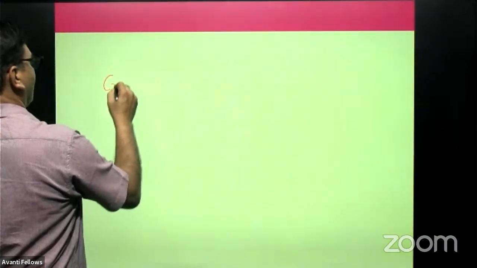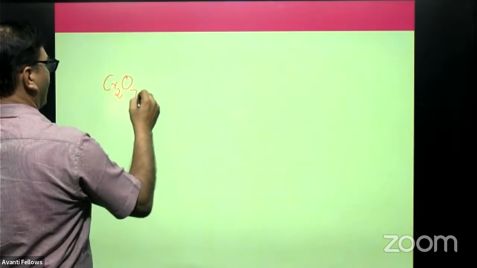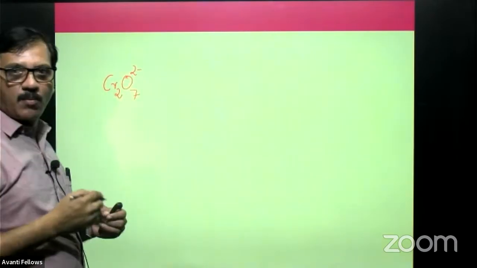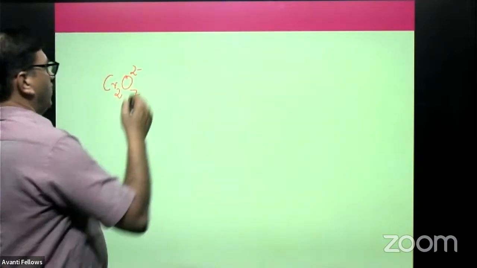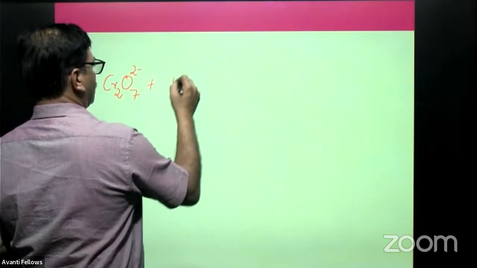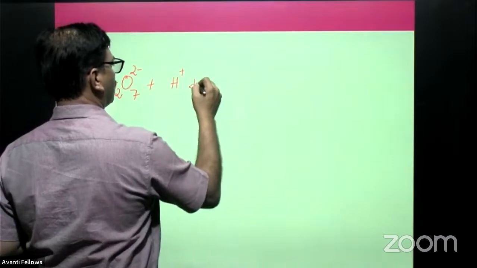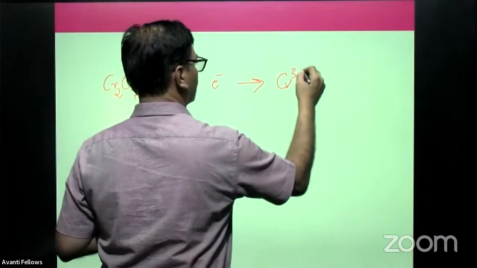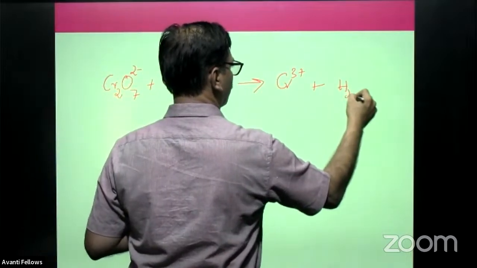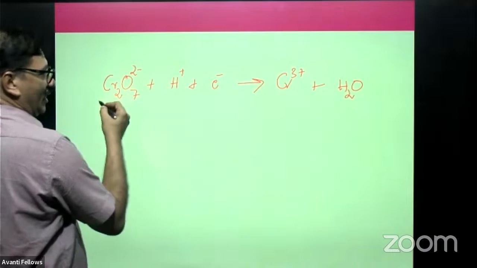So I was talking about how to balance this. Again, I have to write it. I will write here; hope it is visible now. Cr2O7 2- plus H+ plus electrons gives Cr3+ plus H2O. I am reminding you how to balance this.